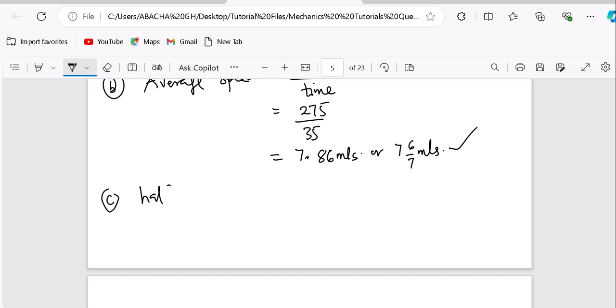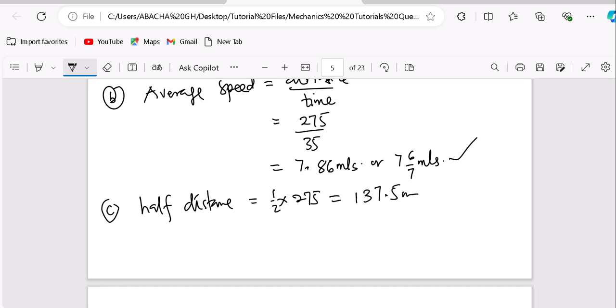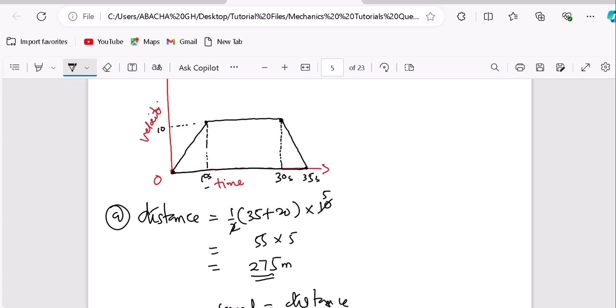So half the distance equals half times 275, and that's equal to 137.5 meters. Yeah, so now we go and check.